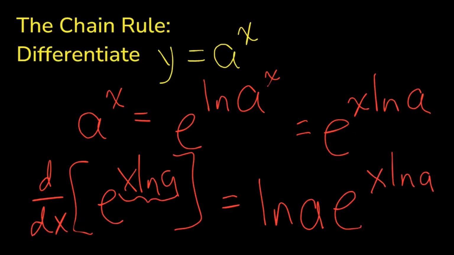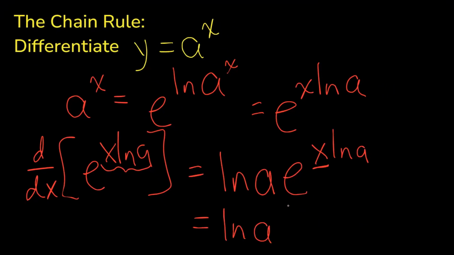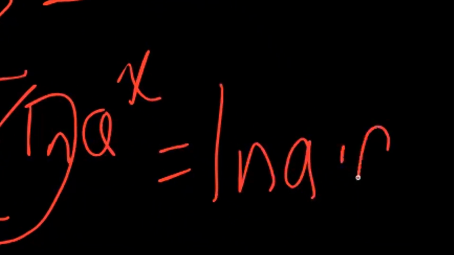What we do with this is we rewrite the x natural log a as the exponent again, so natural log a times e to the natural log a dx. And since e and natural log are inverses, they're going to cancel one another out, and you get natural log a times a to the x.